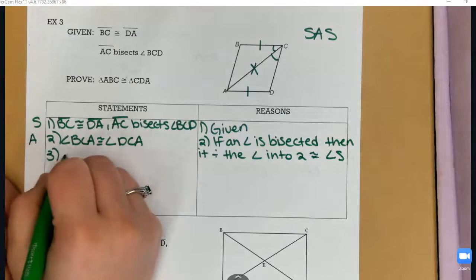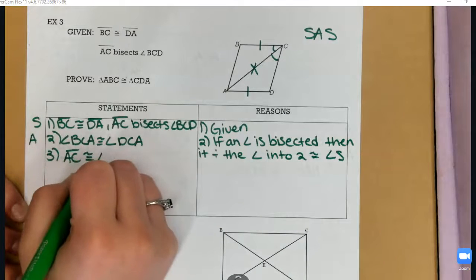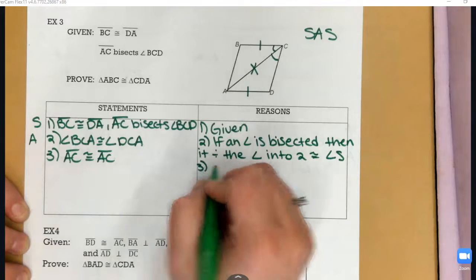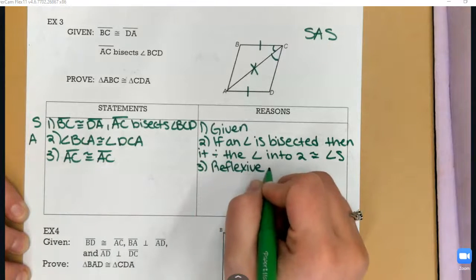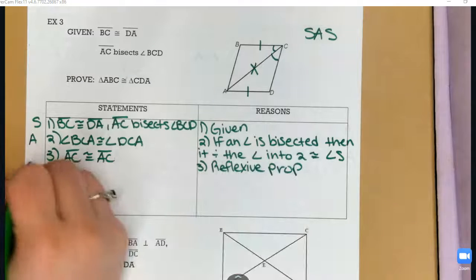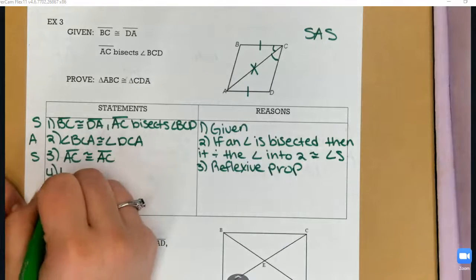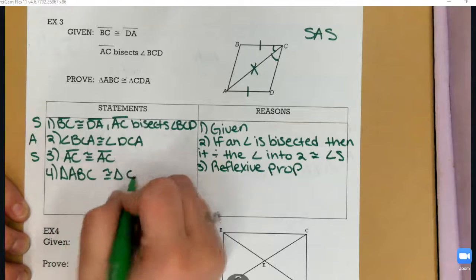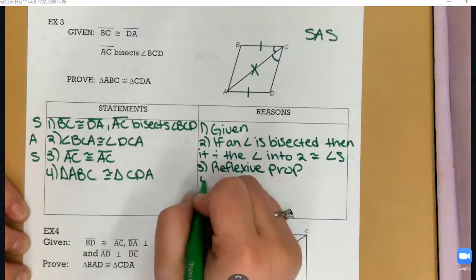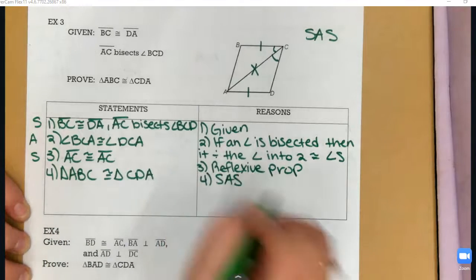And then AC is congruent to AC by the reflexive property. So there's my other S. So triangle ABC is congruent to triangle CDA by side, angle, side.